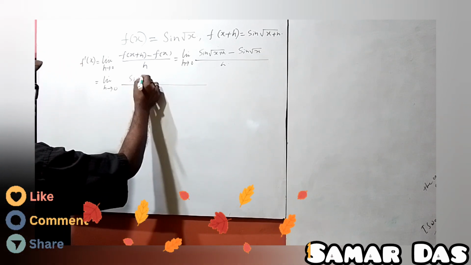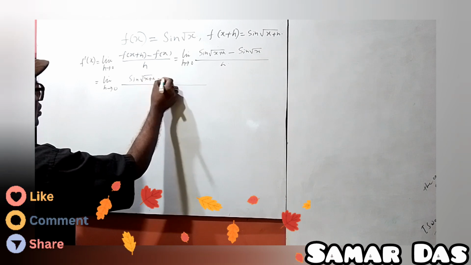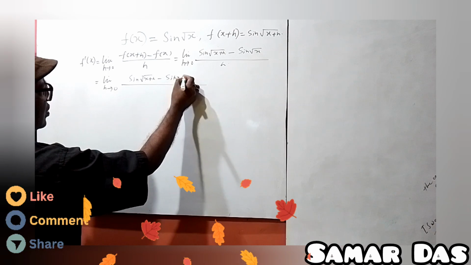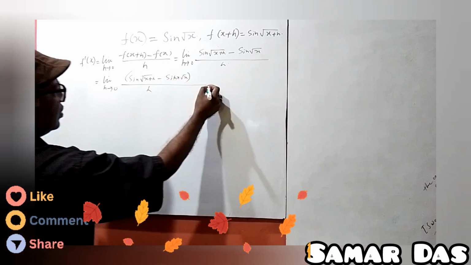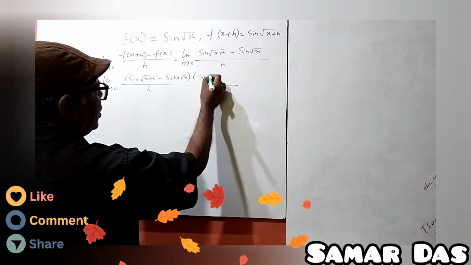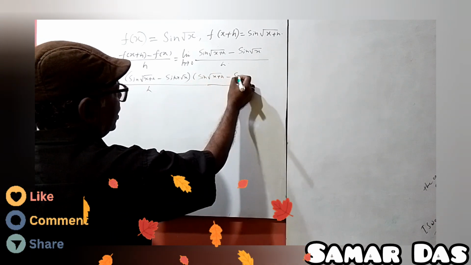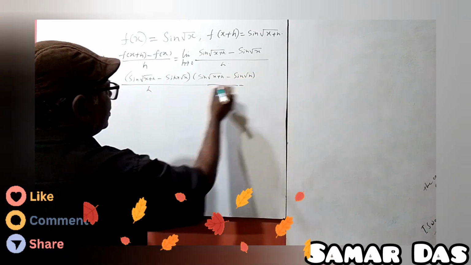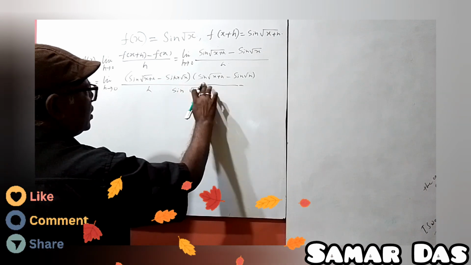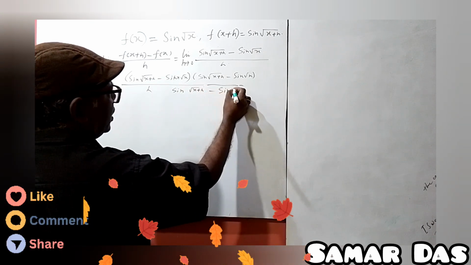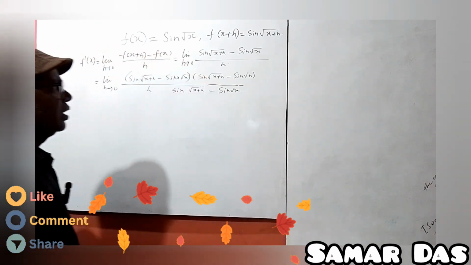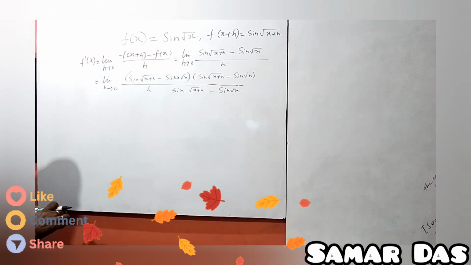What's right here is sine root over x plus h minus sine root over x. Okay, this step is right here. Let's see how it is possible. Is this right or not? I want to show this step here.